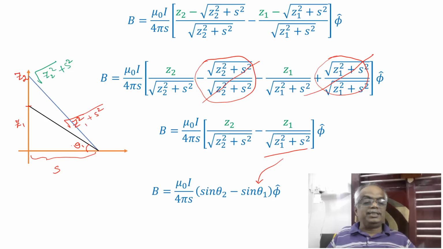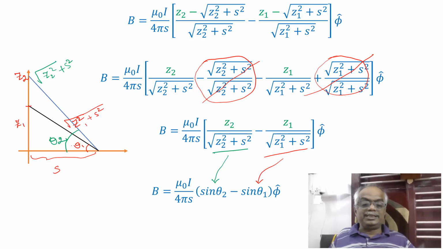Let us say this is theta 2. Then what is theta 2? Sine theta 2 is equal to opposite side, that is Z2, divided by hypotenuse, that is square root of Z2 squared plus S squared. That is this one, equal to sine theta 2. So this expression exactly represents the Biot-Savart law for a straight wire.